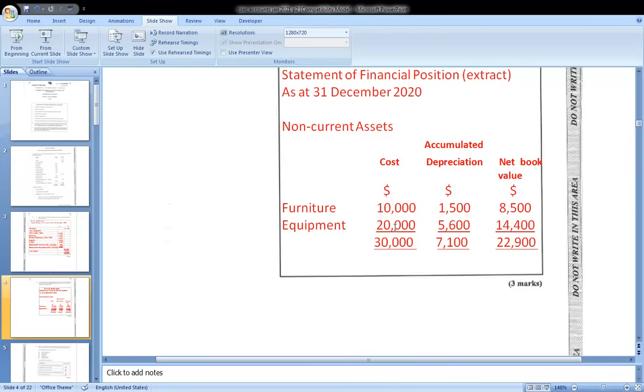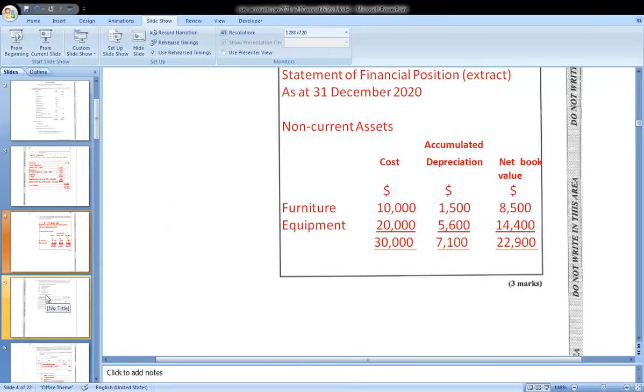When we deduct that from the original cost, it's 14,400. So in total, the total cost is 30,000. Total accumulated depreciation is 7,100, and the total net book value is 22,900, and that's for 3 marks.